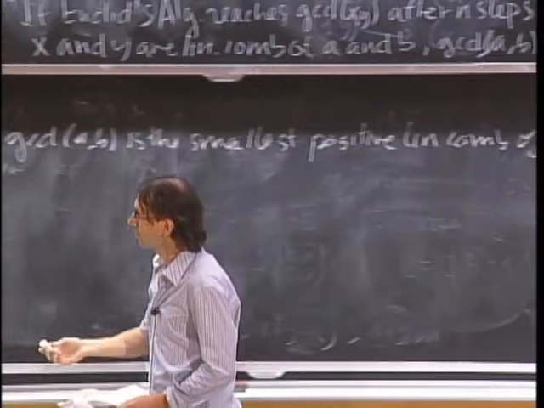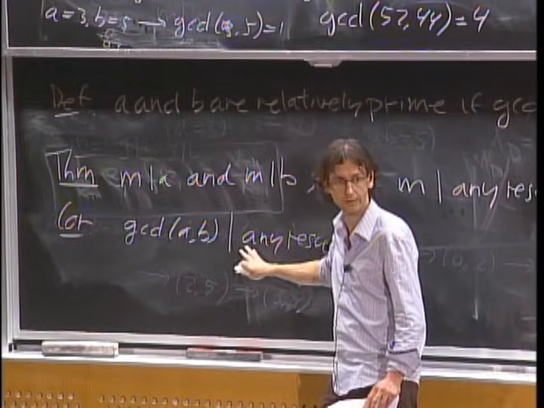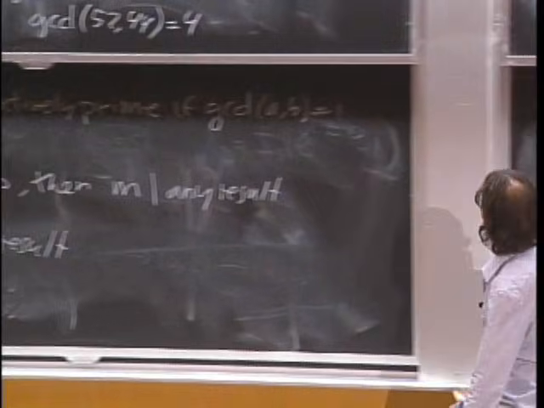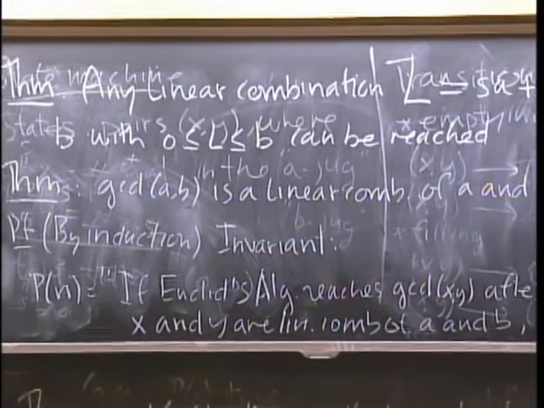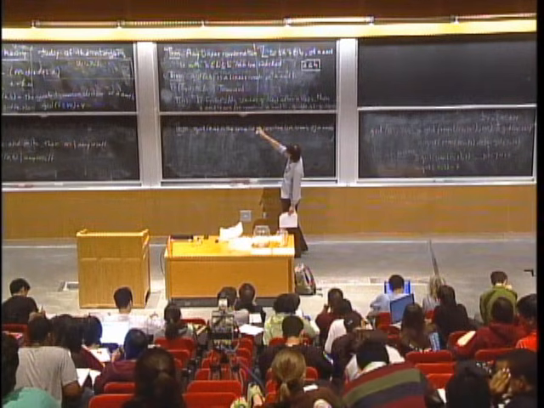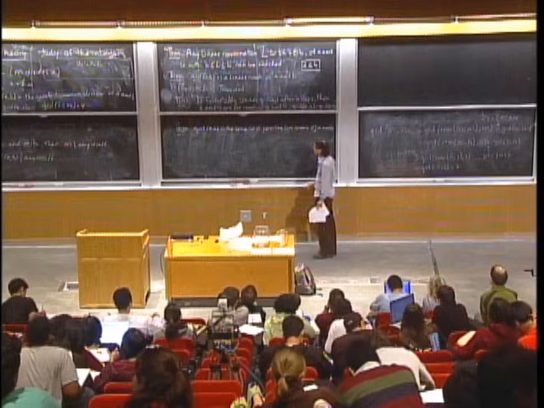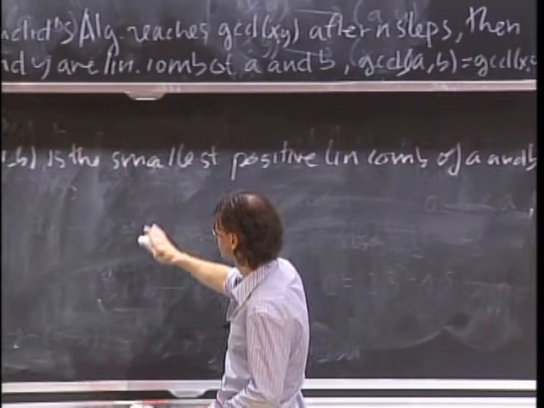So we're going to combine all of these together. We know that the greatest common divisor divides any result. The theorem up there says that any linear combination can be reached. And we also just have shown that the greatest common divisor is a linear combination of a and b. So we can combine those three to get this theorem.